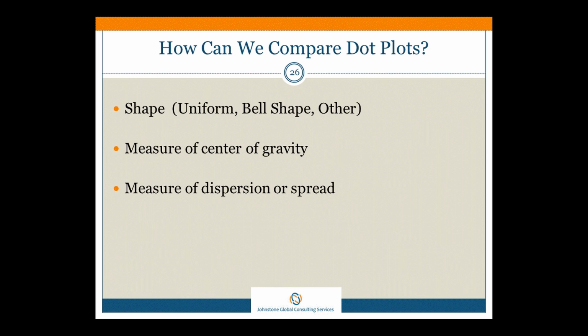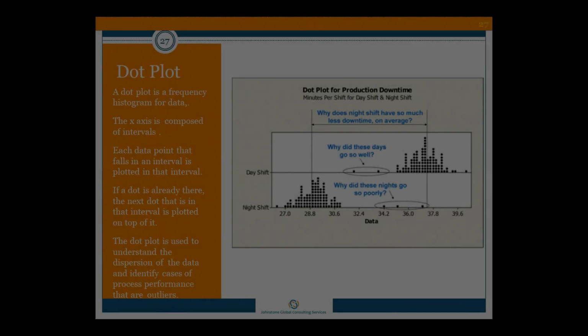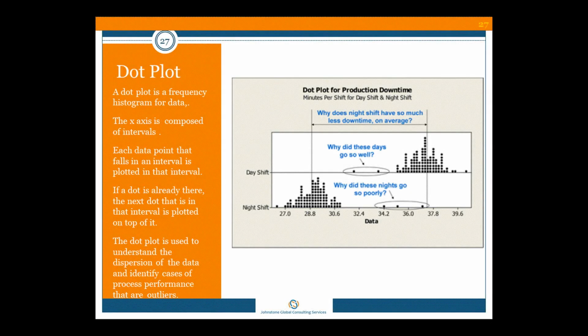So shape, center of gravity, and dispersion are easily compared or analyzed using a dot plot. Dot plots can show us a central tendency, the mean, the average, and the median, as well as a dispersion around it. By stacking dot plots, you can easily compare the average and range of two populations.